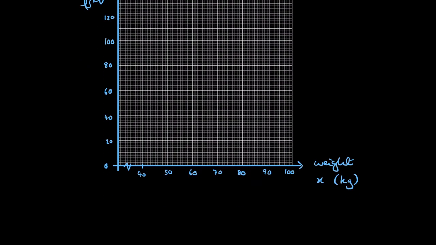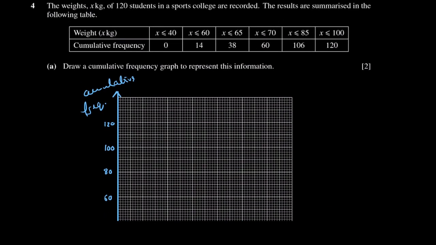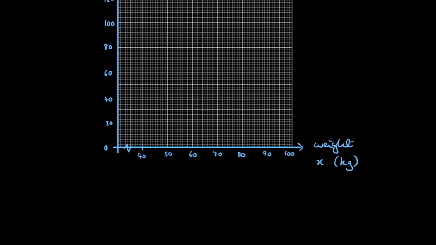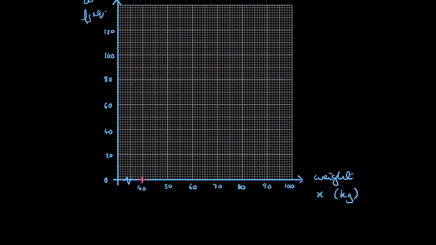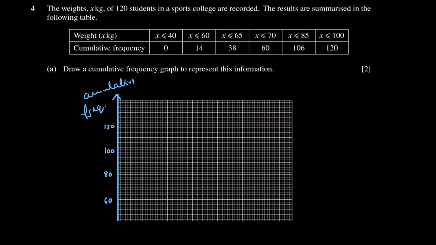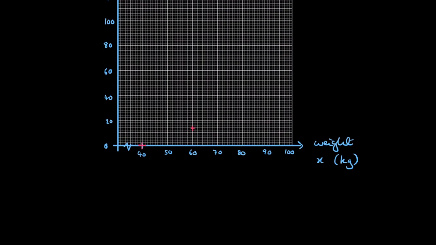And then we just got to plot these points. We've got to plot the point 40, 0, which is like that. And then the point 60, 14, like that. It's a bit hard for me to do it on the tablet, so I hope you can get it more accurate when you do it. 65, 38 is like there.